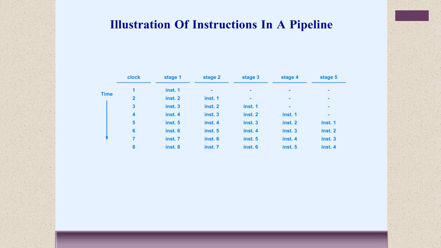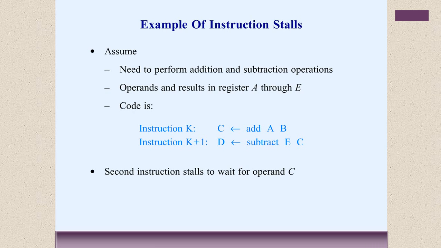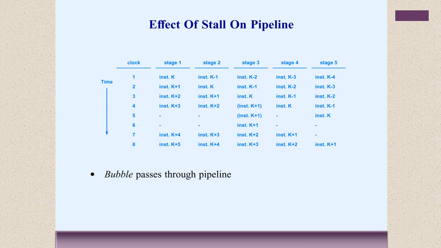You can see that each stage has a separate instruction at a separate stage. Pipeline stalls can happen when they're using the same registers. For example, this is showing an instruction stall if we're waiting for the operand C to become available. And this shows what that looks like in terms of a pipeline stall.